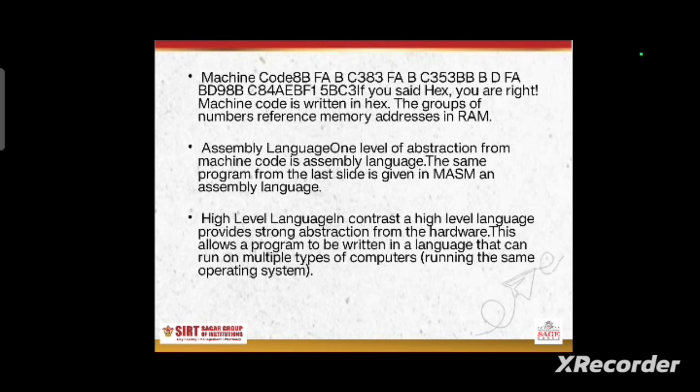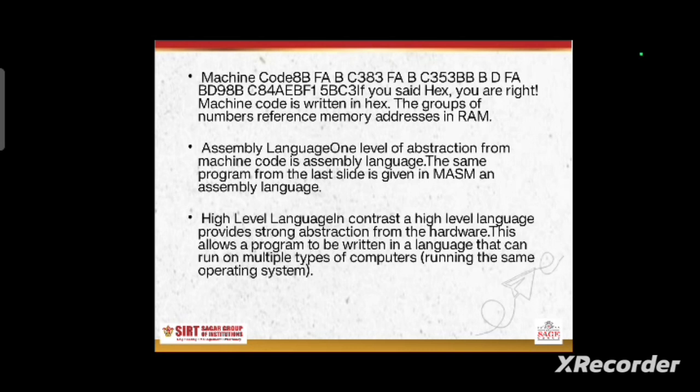That is very complicated to understand, and in machine level language, we don't require any translator or compiler to convert the code. As we all know, the system understands machine language, and if we write code in machine language, then there is no requirement of a compiler or interpreter.